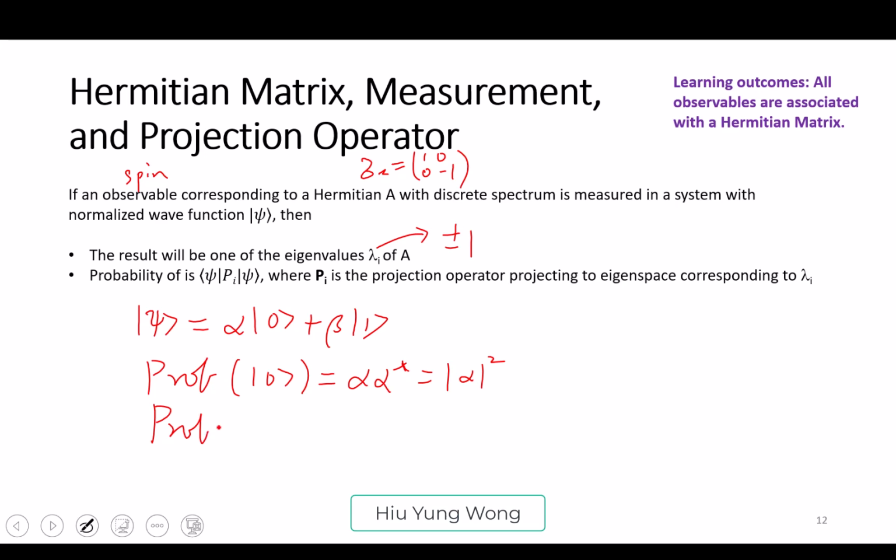The probability of measuring 1 equals beta star beta, which is the magnitude of beta squared. But this is not convenient. This is a simple case. We can see the coefficients, but when we're doing a derivation or whatever, you cannot do that, right? So one way to do this is to use the so-called projection operator, right? So let's be patient.